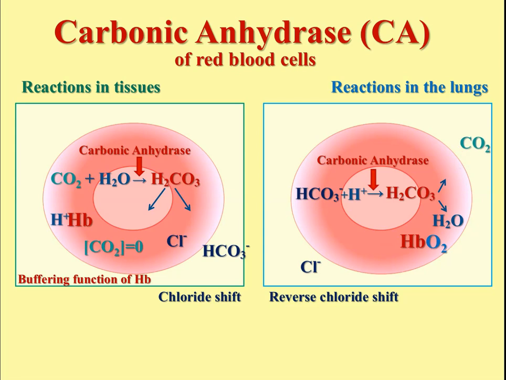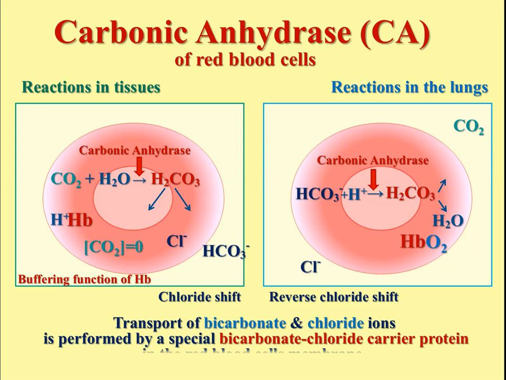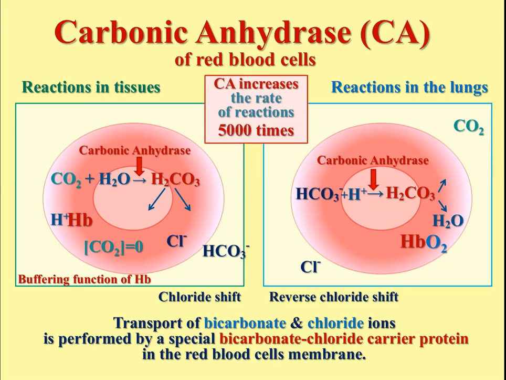CO2 goes into plasma, and from plasma it diffuses easily into alveolar air, where CO2 content is less. And so this reaction occurs easily. Transport of bicarbonate and chloride ions is performed by a special bicarbonate chloride carrier protein, which is present in the membrane of red blood cells. And I remind you that carbonic anhydrase increases the rate of reactions 5,000 times.